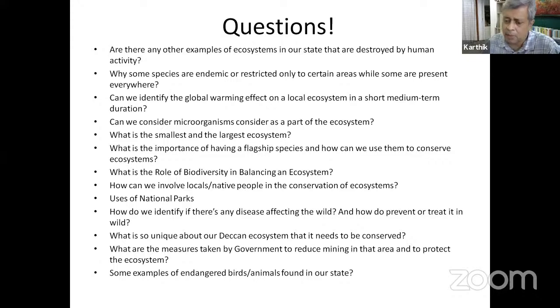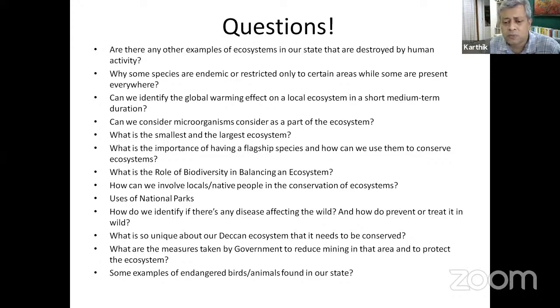And some of our activity more recently has changed, and therefore we have to look back at our old practices and our old values and why those ecosystems were important for us. Therefore, we cannot conserve our ecosystems well if we do not involve the locals or the native people. They become almost integral for any conservation program focusing on ecosystems.